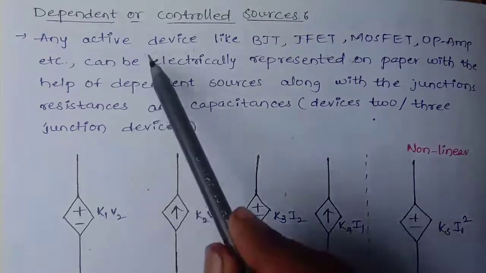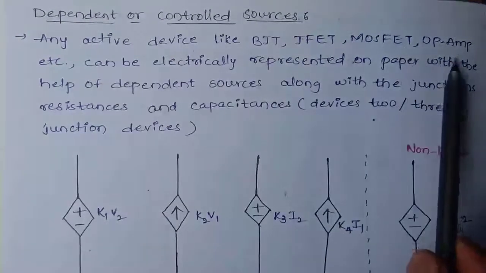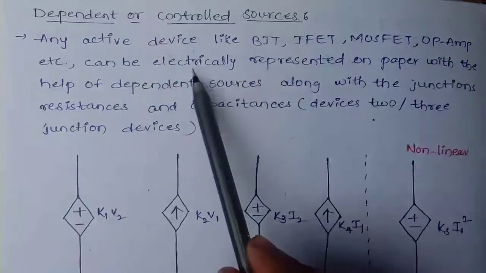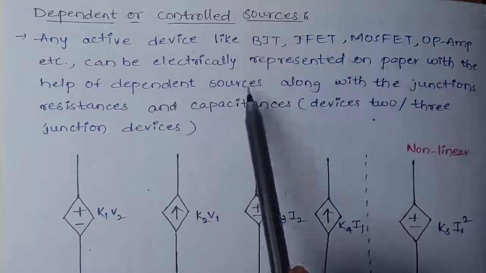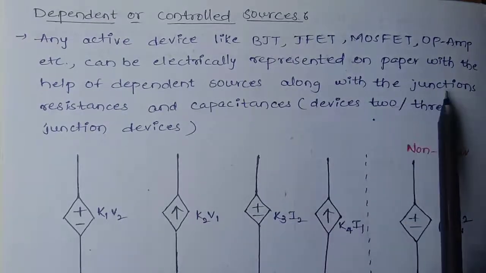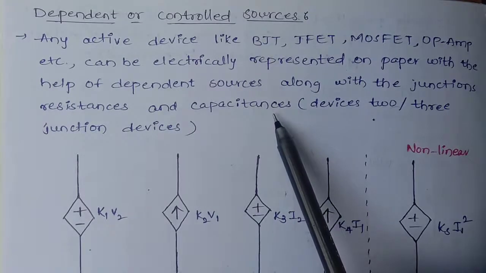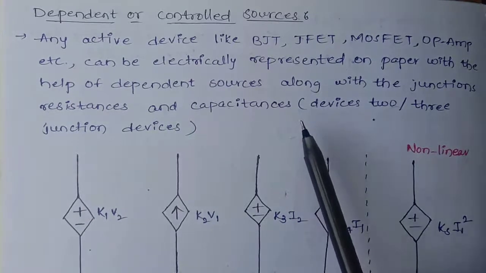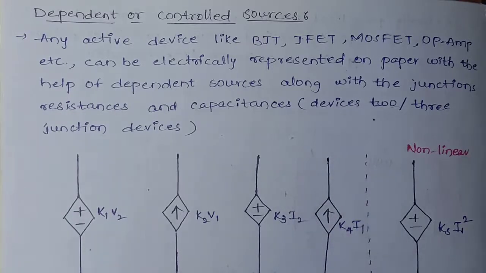So, any active device like BJT, JFET, MOSFET, operational amplifier can be electrically represented on paper with the help of dependent sources along with the junction resistances and junction capacitances, right? So basically we will represent the two or three junction devices by using these dependent sources.